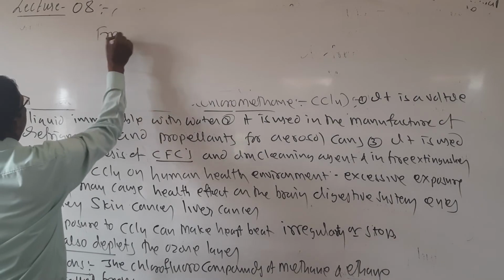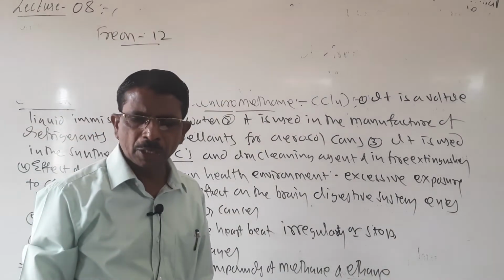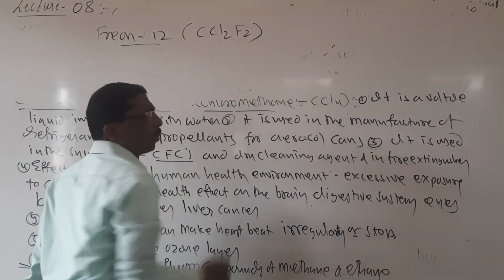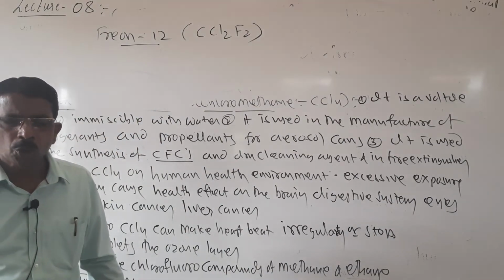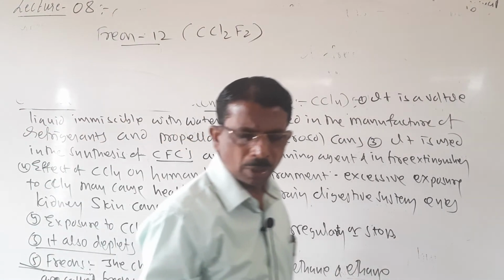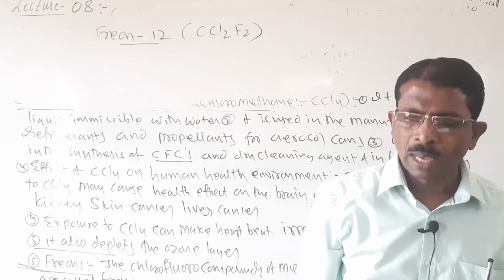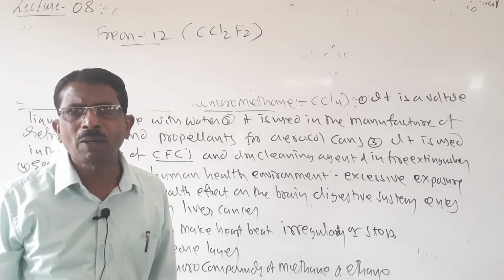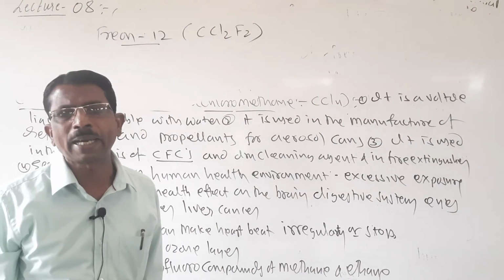Freon 12 is CCl2F2, and we are also using Freon 11 and Freon 22, and these are all prepared by using carbon tetrachloride. This carbon tetrachloride is also used for the manufacture of haloalkanes, like the Swarts reaction.